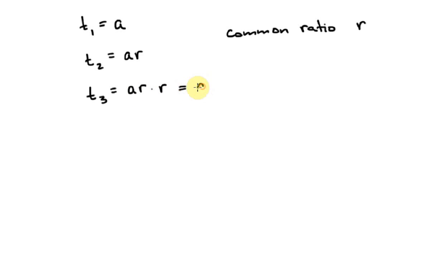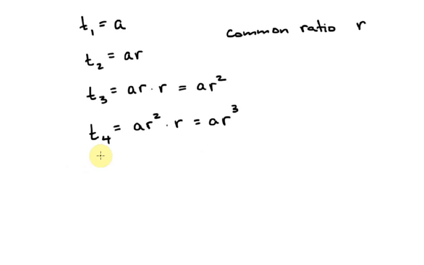So in other words, it would be A times R squared. Let's do one more of these, and then I think we can see the pattern. The fourth term: you take the previous term, AR squared, and multiply it by R again. That's going to give us A times R cubed.